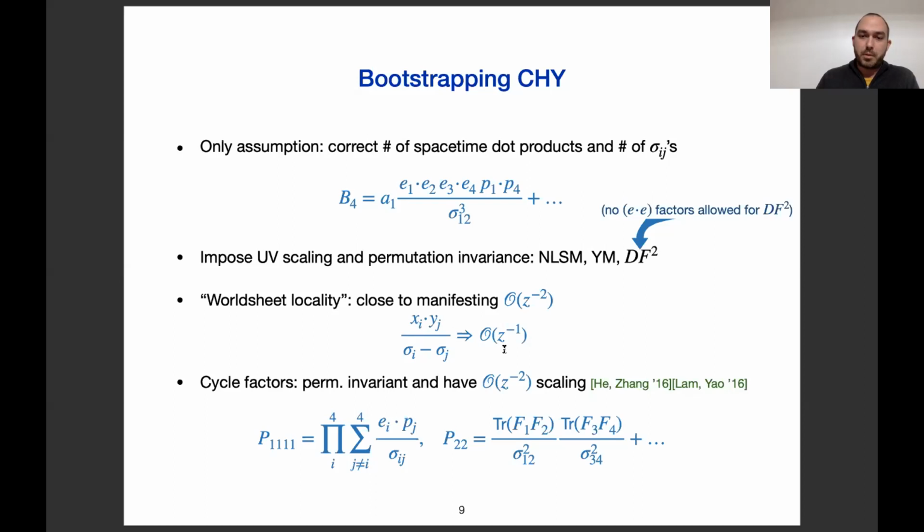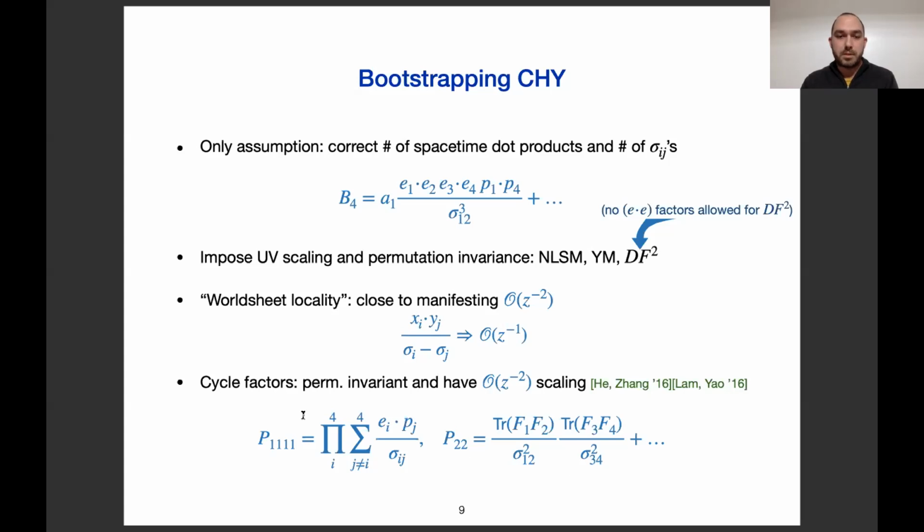So this is for Yang-Mills. If we consider DF squared theories or things like this, actually you find that the cycle factors, which have been investigated by these people, actually manifest these right properties. They're permutation invariant and have this right scaling. These are what some of them look like.